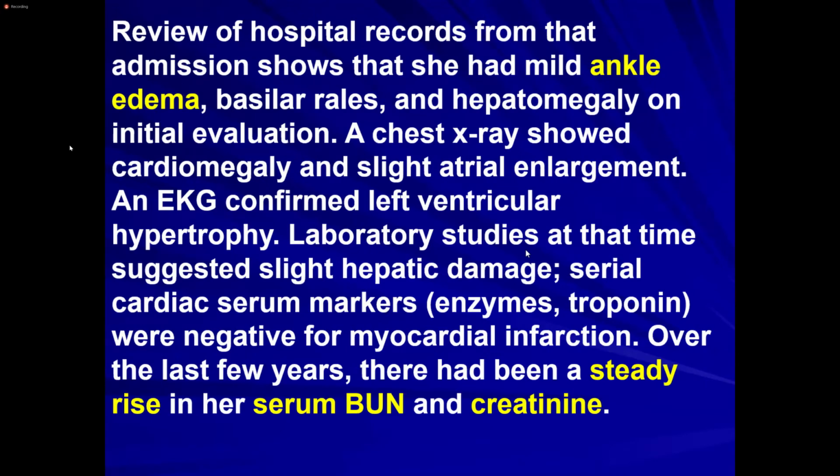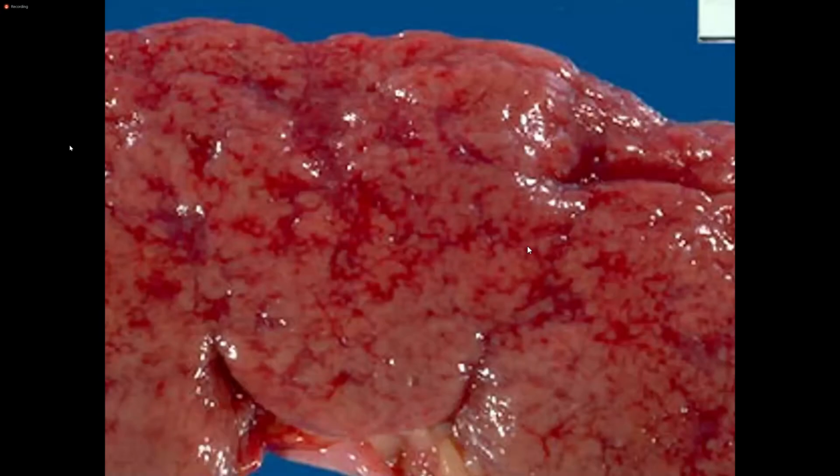So the fourth case. Here we're showing you a kidney. If you look at the kidney, this is not the normal external surface. The surface of the kidney should be smooth, but here you find that it is pitted and sort of scarred.